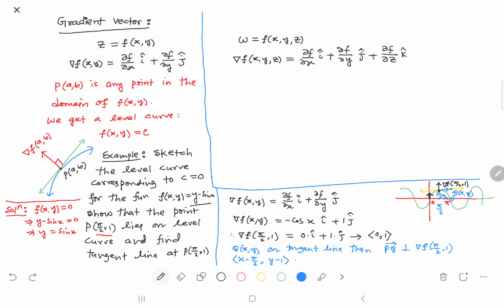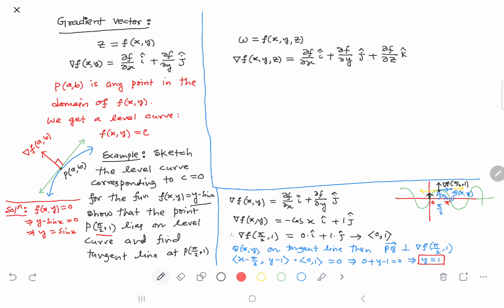If you take the dot product of this vector with 0 comma 1, that will give you 0, because these two vectors are perpendicular. If you simplify, you get 0 plus y minus 1 equal to 0. So this gives you y equal to 1. This is the equation of the tangent line.